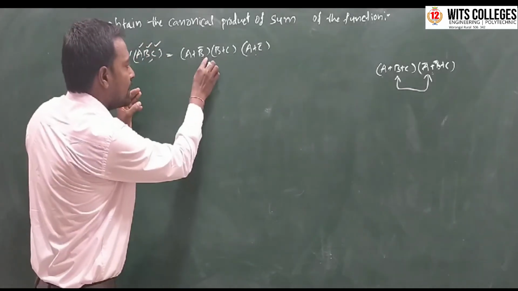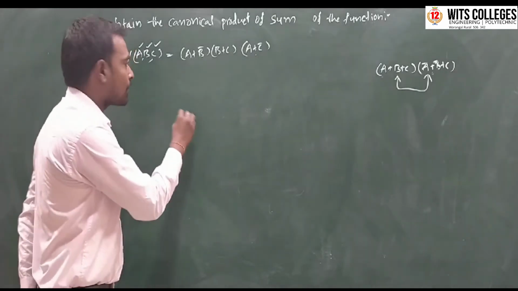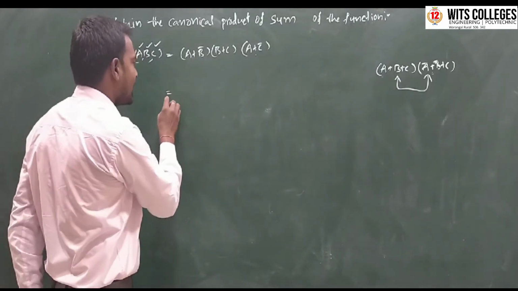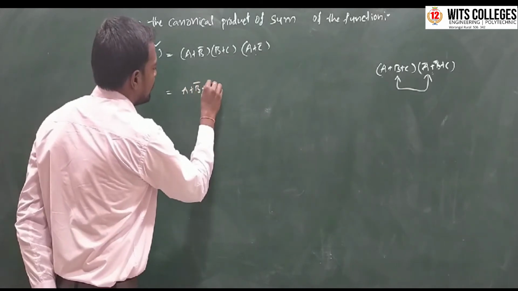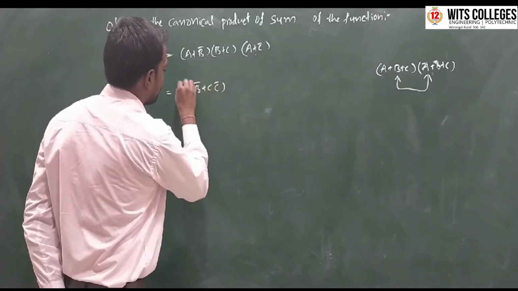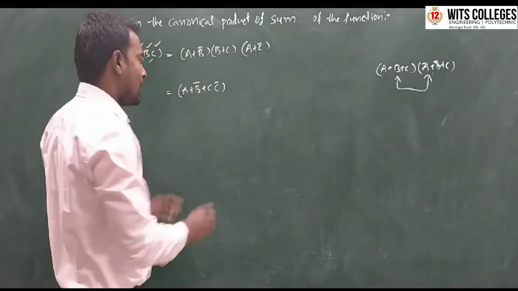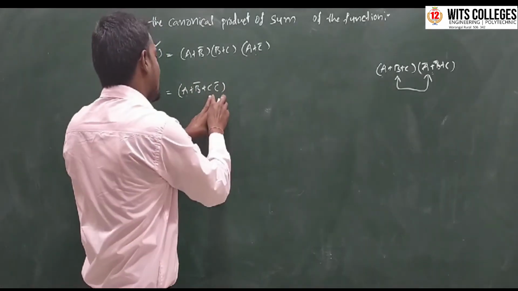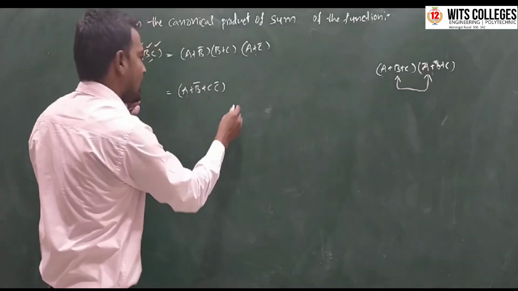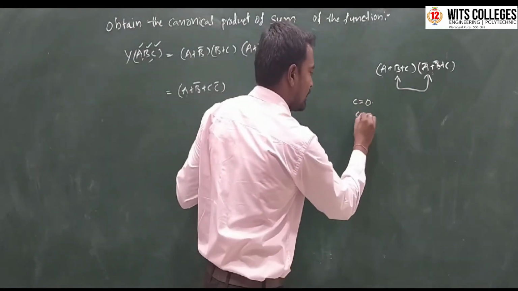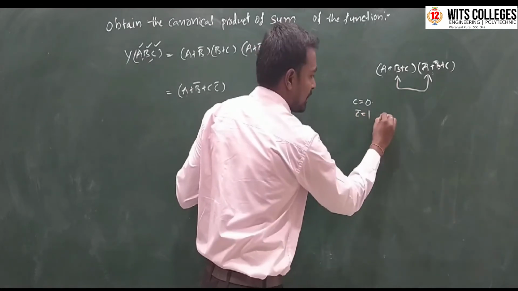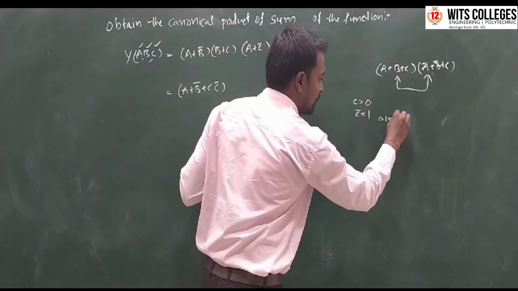Here the missing term in the first factor is C. So we can write this as A plus B bar plus C into C bar. Why can this C into C bar be written? Here I am taking C is equal to 0, then C bar is equal to 1, that means 0 times 1 is equal to 0.